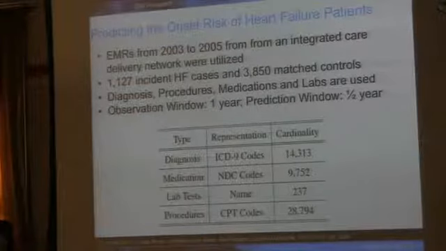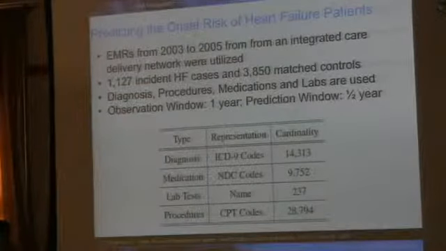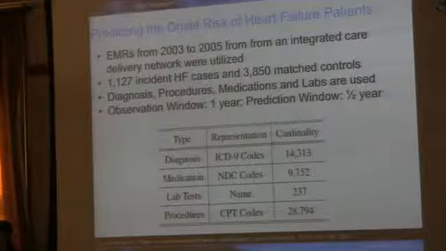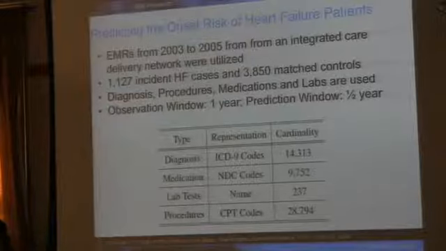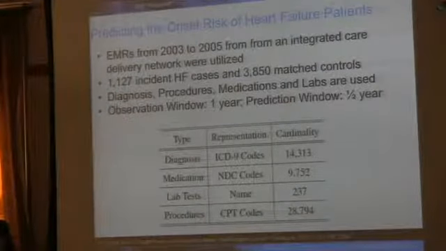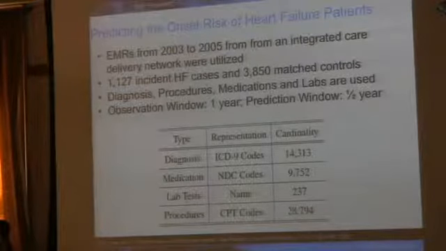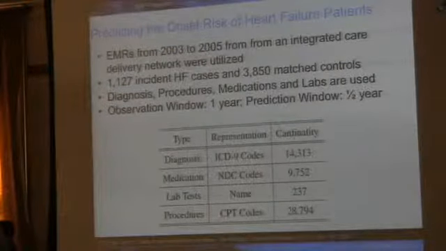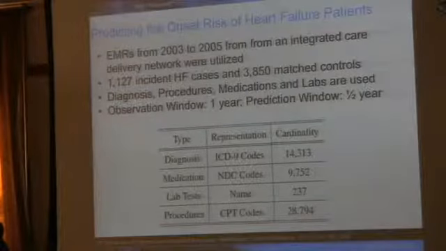That's 3 years of EMR, and we have over 1,000 heart failure cases and nearly 4,000 matched controls. We use diagnosis, procedures, medications, and labs. We use an observation window of 1 year and a prediction window of half a year. So we want to use the patient's 1 year of EMR to predict whether this patient will be diagnosed with heart failure half a year later.